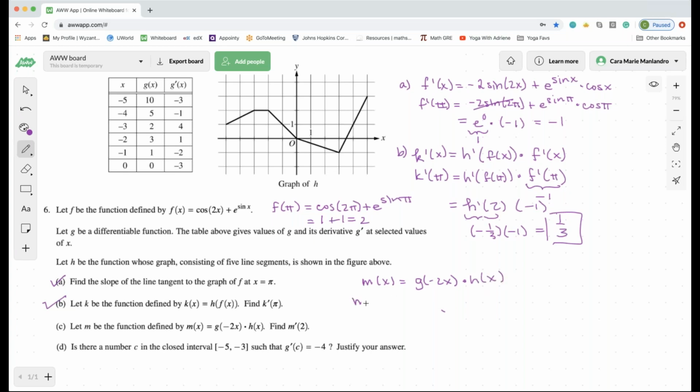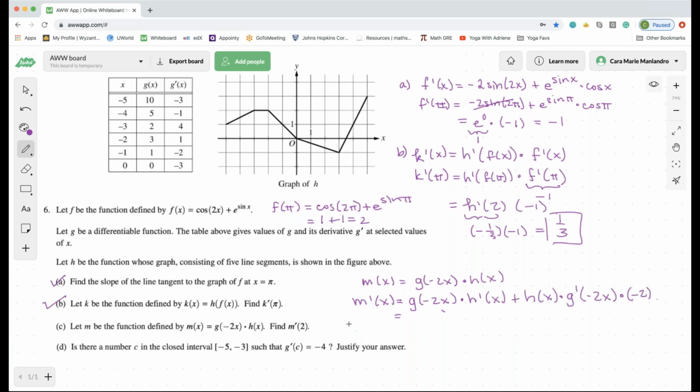Okay, so m prime of x, so first derivative of the second plus second, and then derivative of the first. Okay, so remember g prime of -2x times -2. Can't forget the derivative of the inside.